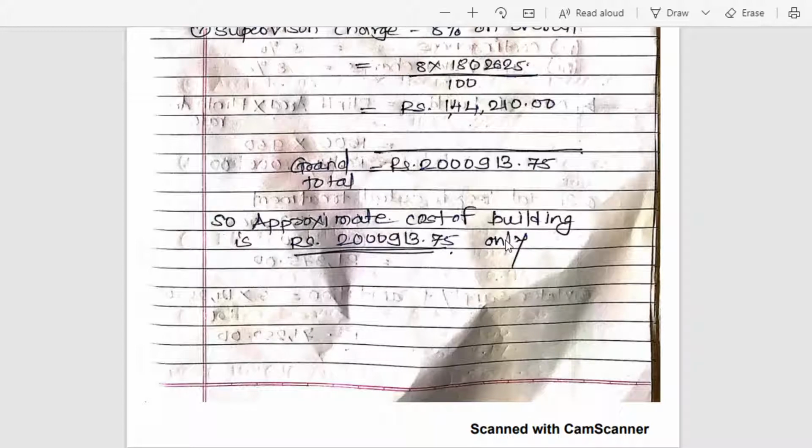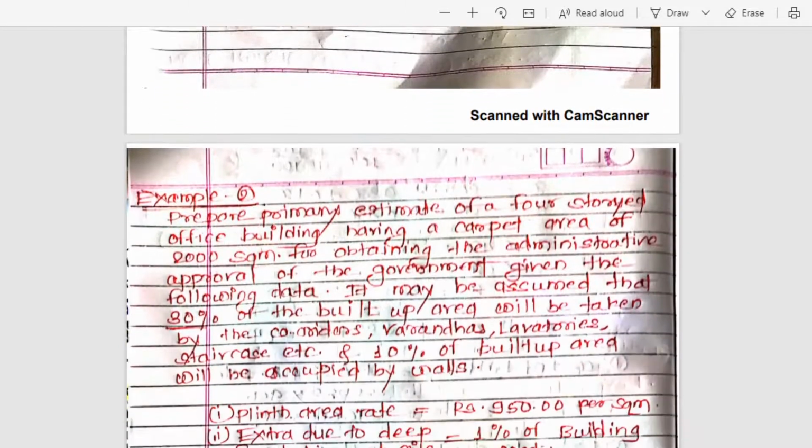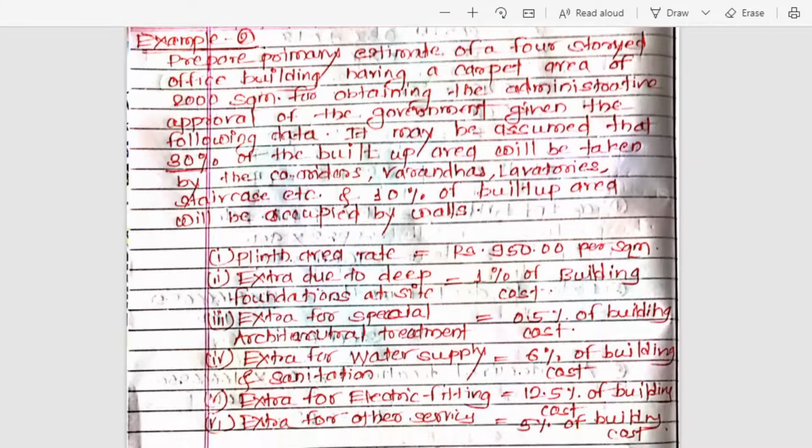Now similarly we will see another problem for approximate estimation, some different problem from this. So this is example number 2. Now in example number 2, prepare primary estimate, that is approximate estimate, for a 4-story office building having a carpet area of 200 square meter, for obtaining the administrative approval of the government.